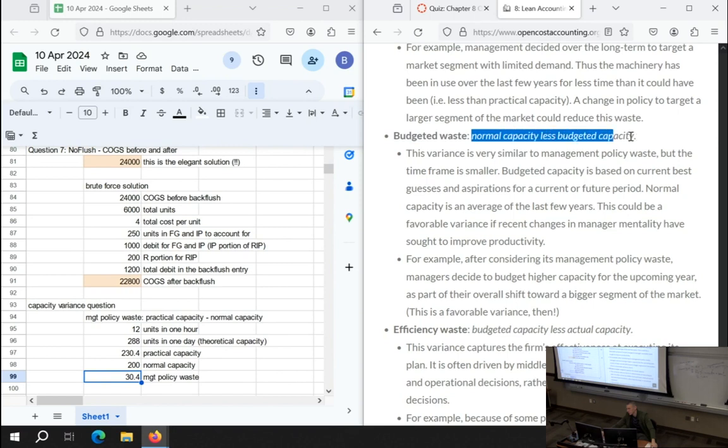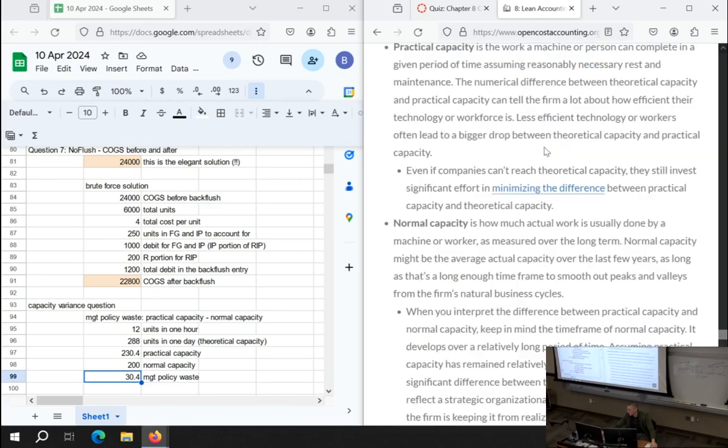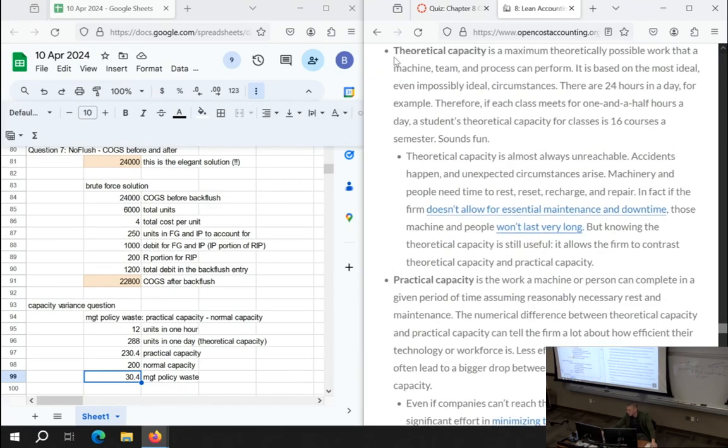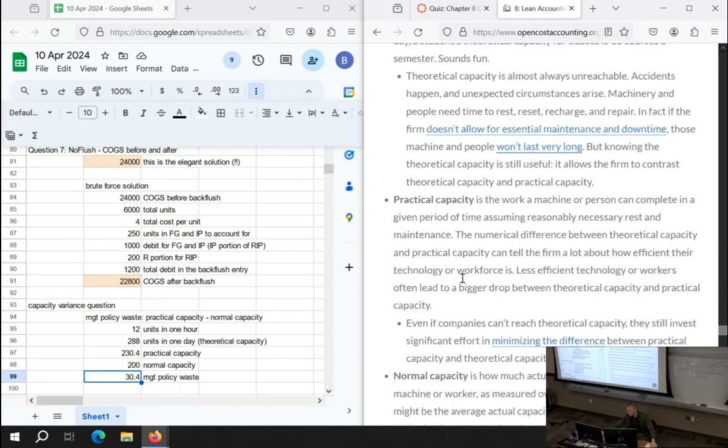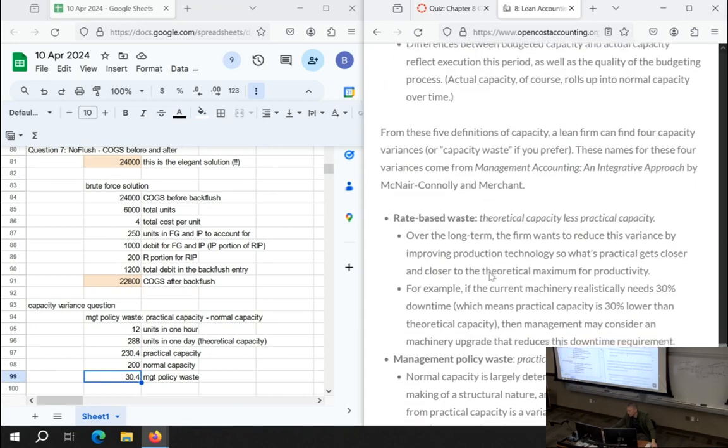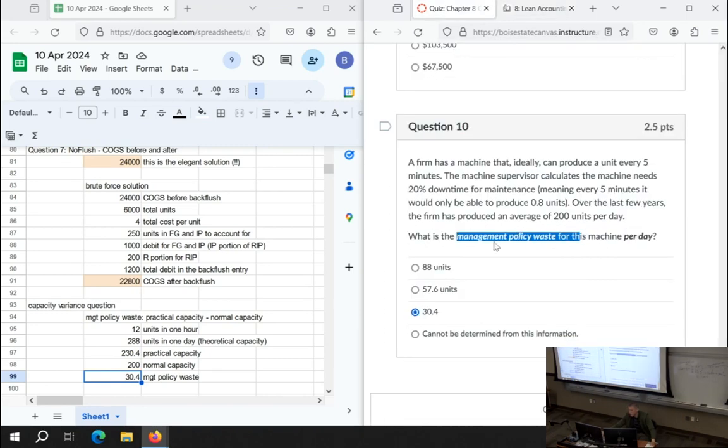Budgeted waste is normal capacity less budgeted capacity. I don't have anything in that paragraph that tells me the budgeted capacity for this period. I know normal capacity. I know enough to get theoretical and practical capacity. But that doesn't help me understand what the budgeted capacity is. So if this said budgeted waste instead of management policy waste, I would have to pick cannot be determined.